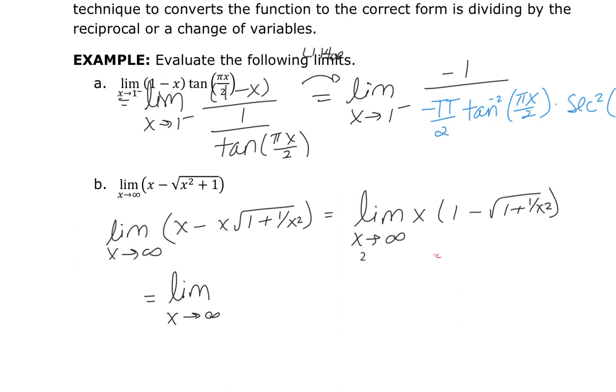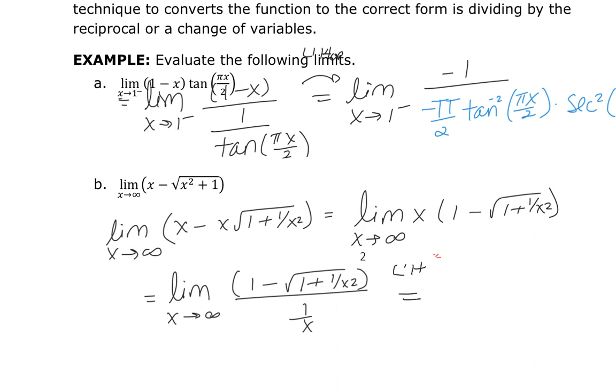Unlike last time where I did a start and stop and it didn't work out well. So I have 1 minus the square root of 1 plus 1 over x squared, divided by 1 over x. What do I have? I have 0 over 0, because as x goes to infinity, this will go to 0. So I have 0 over 0, so I can use L'Hopital's.